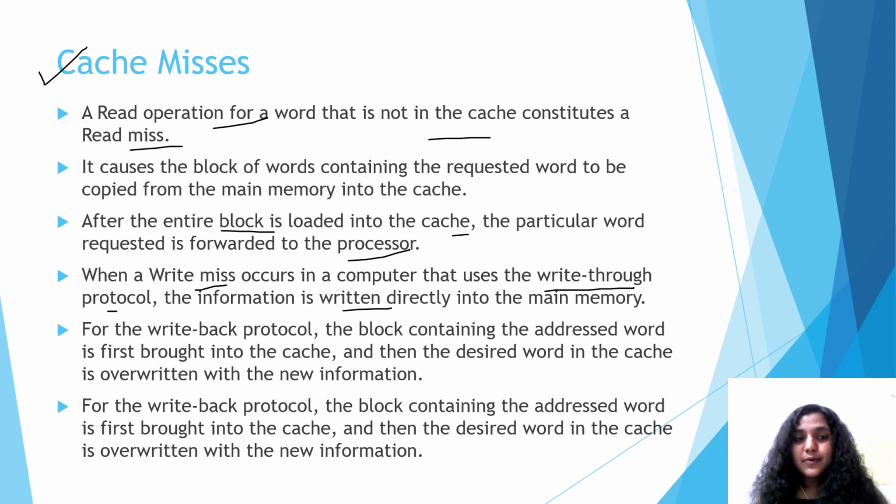For the write-back protocol, the block containing the addressed word is first brought into the cache, and then the desired word in the cache is overwritten with the new information. So this is about cache misses.